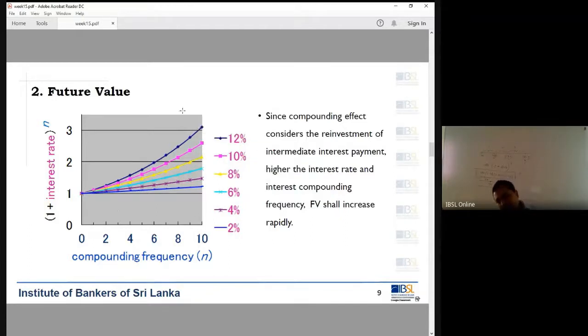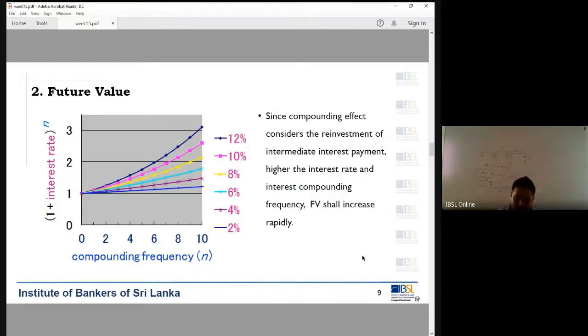So this simple chart is going to tell us a story: when the values of r and n move into higher territories, obviously your future value is going to be higher. And if you see the movements of r and n at lower phases, like here, you see a smaller growth in the future value.